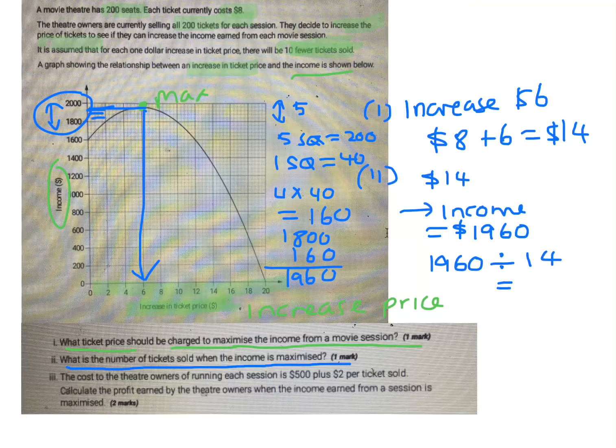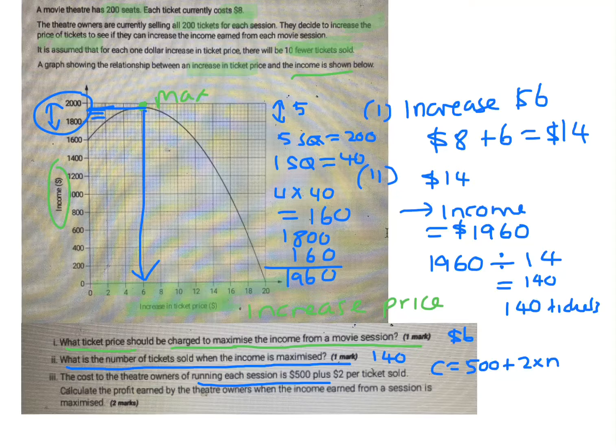If you divide that by 14, you get 140. So there'd be 140 tickets.